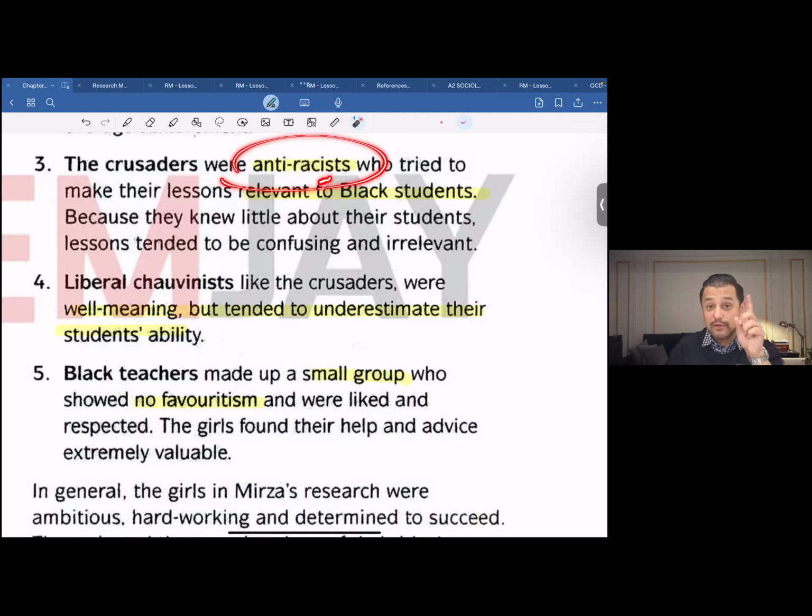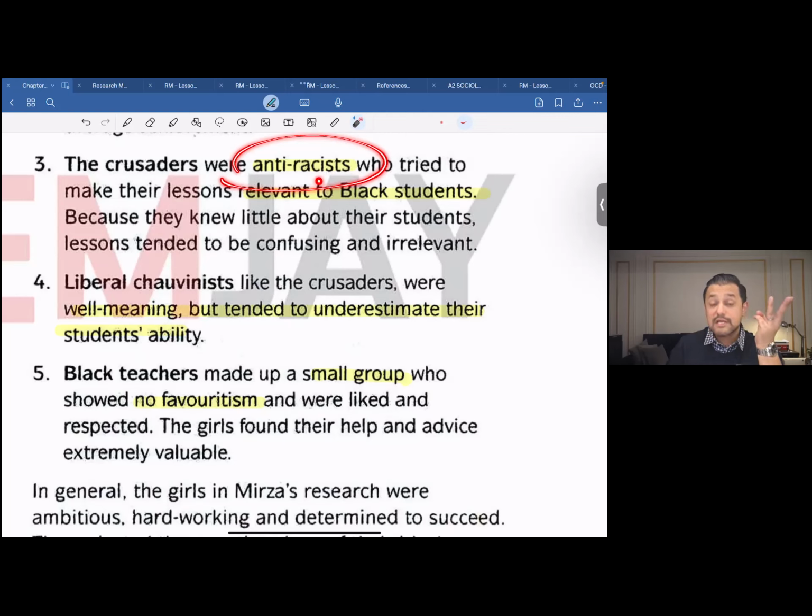We're referring to this particular group of teachers as the Crusaders. According to Mirza, these Crusaders were anti-racist. Number two, these Crusaders tried making their lessons relevant to Black pupils as well.